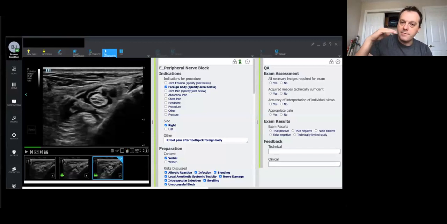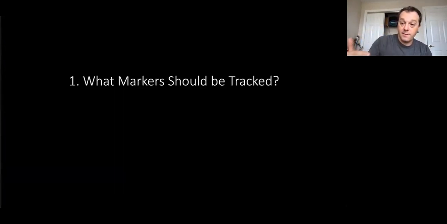And I don't love that nerve blocks would be different from that process, because we do the same thing for IVs as a procedure, central lines and so on and so forth. They get QA'd the same way as all our diagnostic scans. Why are we saying nerve blocks should be special?